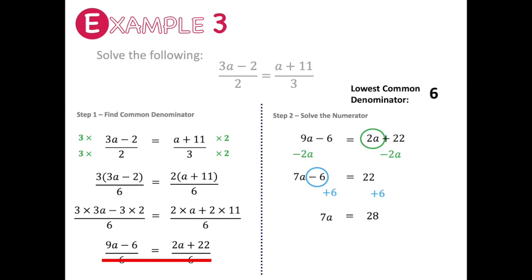Now I've got 7a is equal to 28. At the moment, I'm multiplying by 7. The opposite of multiplying by 7 is dividing by 7, so divide by 7 on both sides. So a is going to equal 28 divided by 7, which is equal to 4. For this example, my a value is equal to 4.